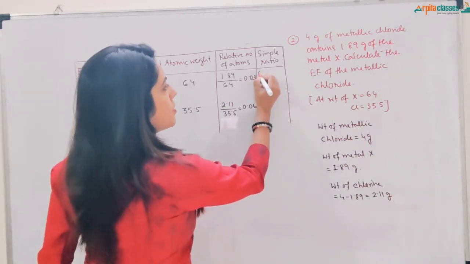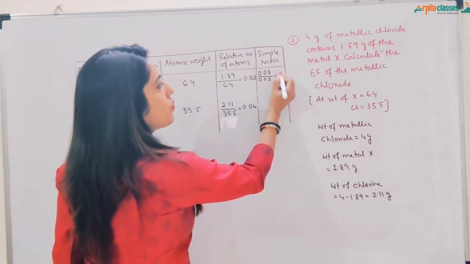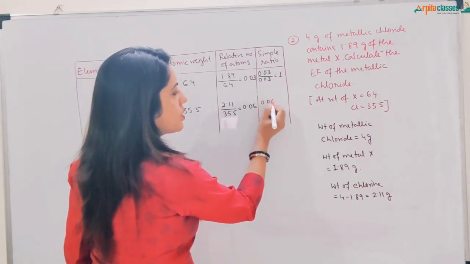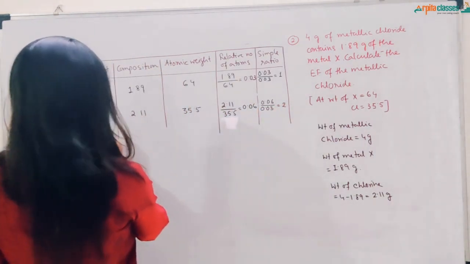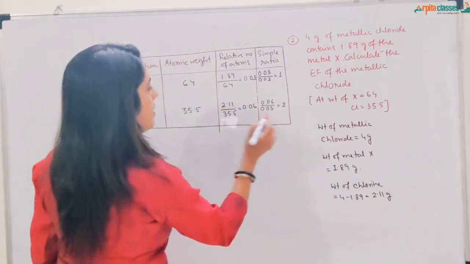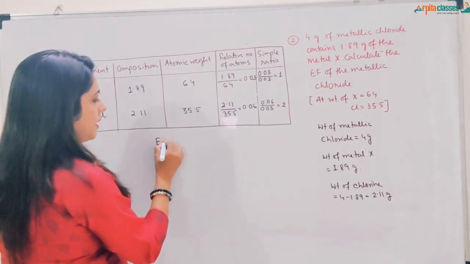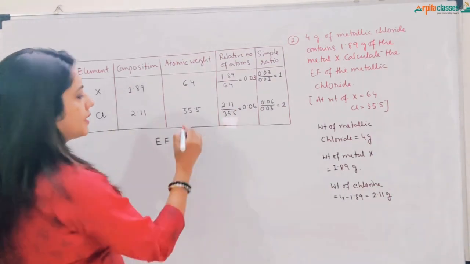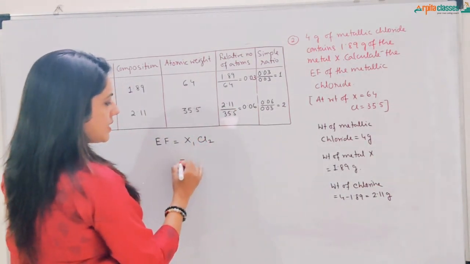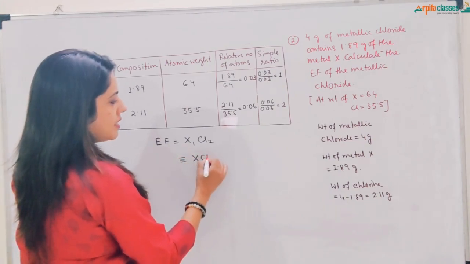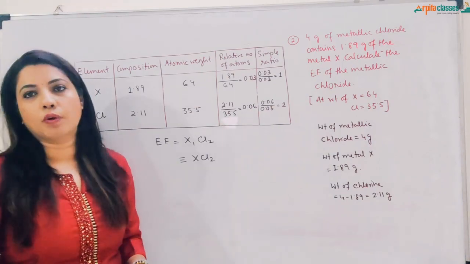So we'll divide 0.03 by 0.03 which is 1 and 0.06 by 0.03 which is 2. So we got the simple whole number ratio. Therefore, the empirical formula will be X1 Cl2. 1 is silent, so we can write XCl2. This is the empirical formula of this metallic chloride.